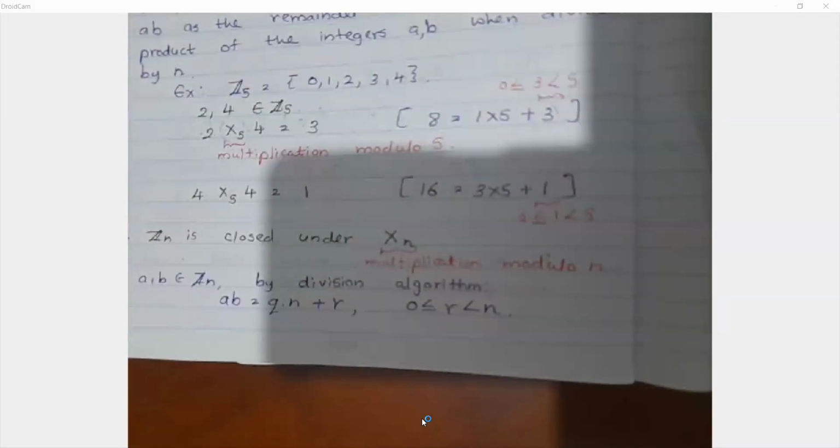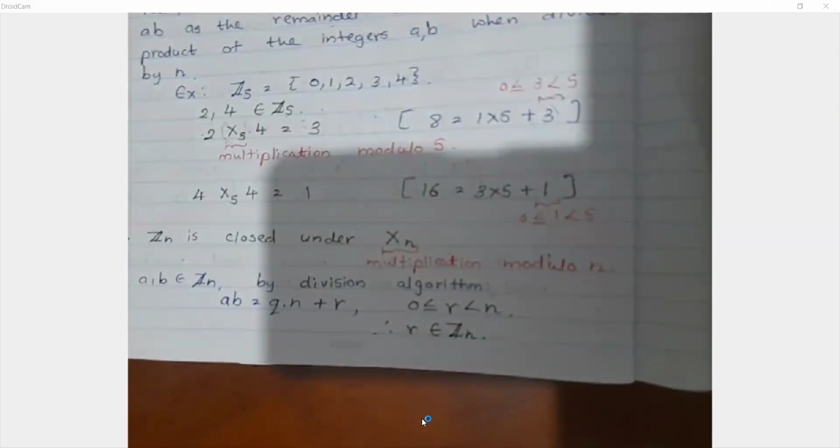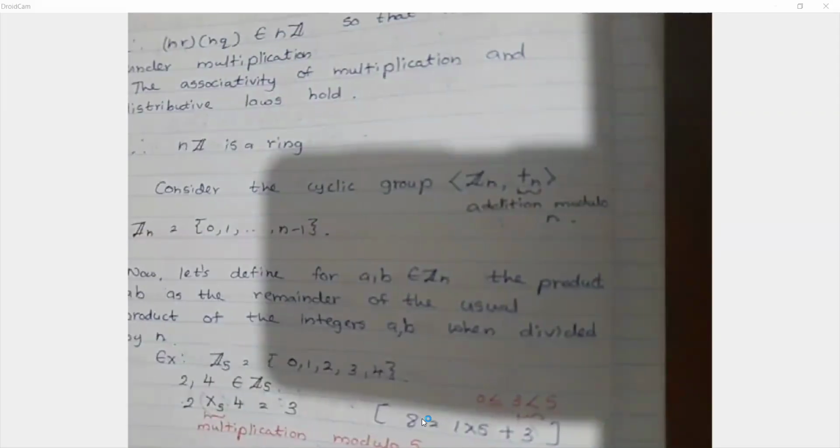You have the option of getting up to n minus 1. Right? Therefore, we see that R is in Zn. So it's easy to see that Zn is closed under this multiplication modulo n.